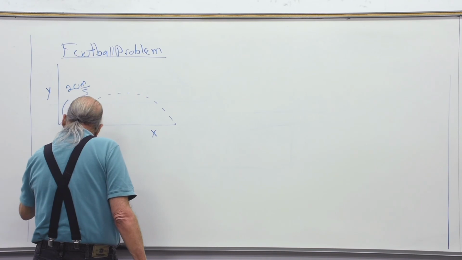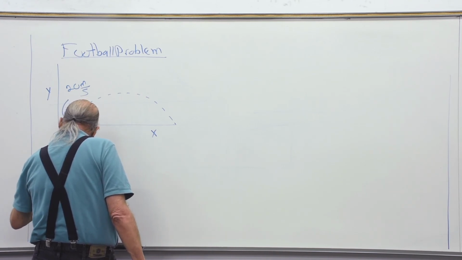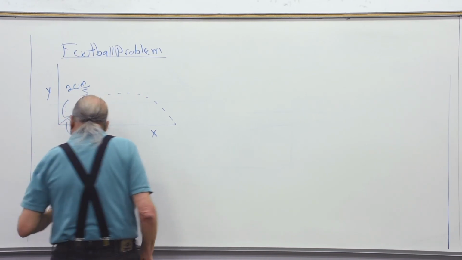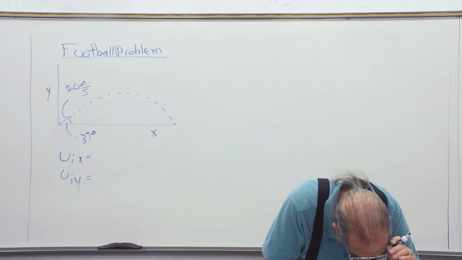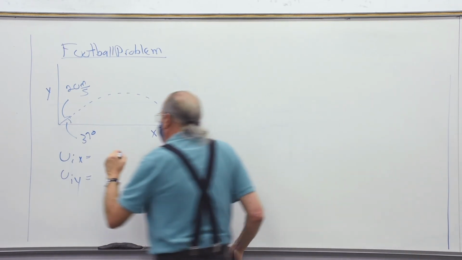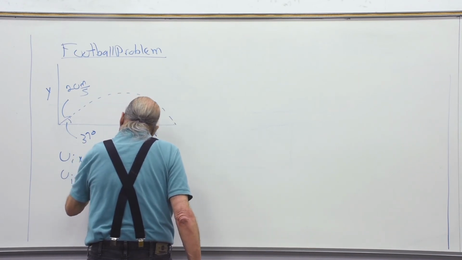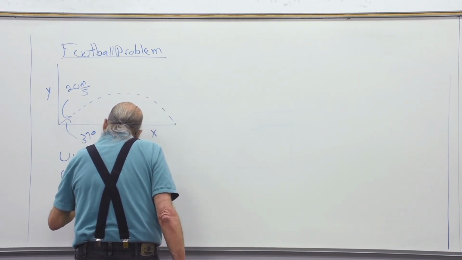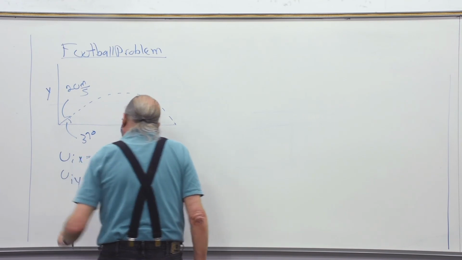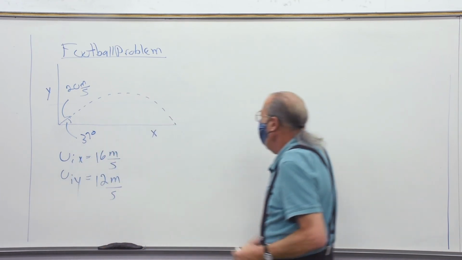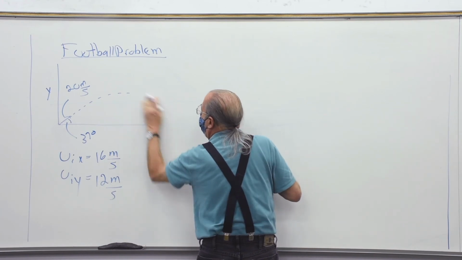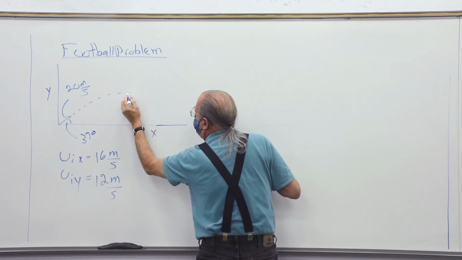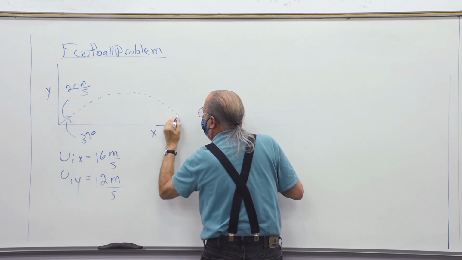And what we found was that the initial x component was, I believe, 16 meters per second, and the initial y component of velocity was 12 meters per second. Even though I didn't draw this correctly, we will later prove that this is actually a parabola and is symmetrical.